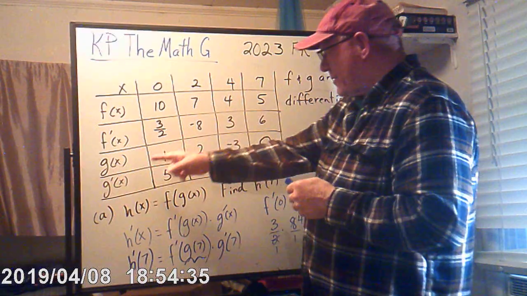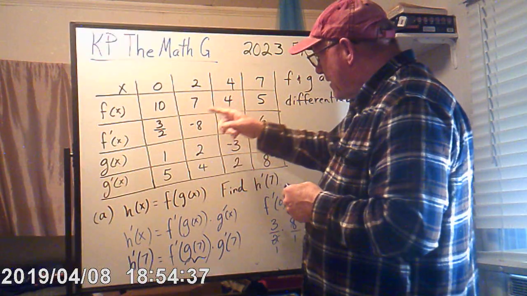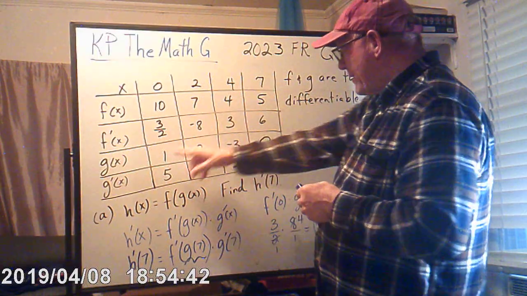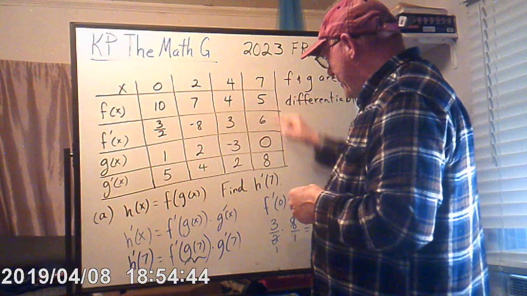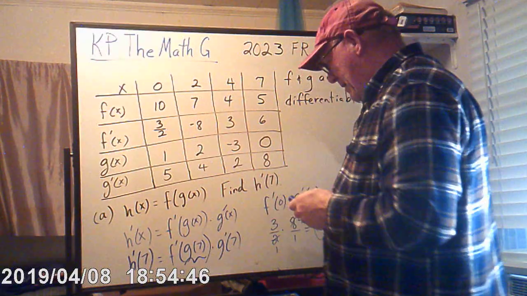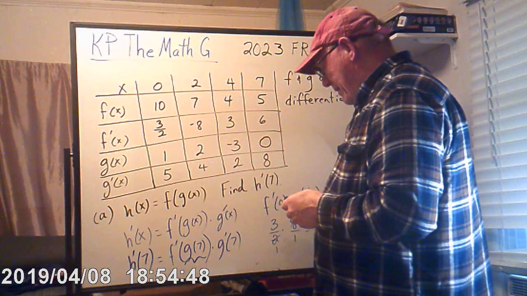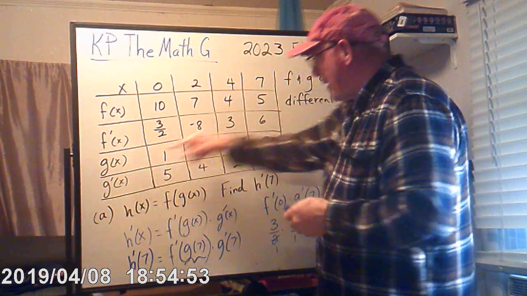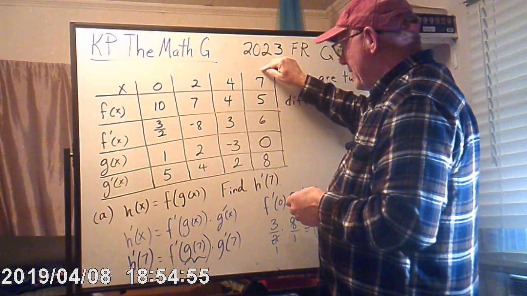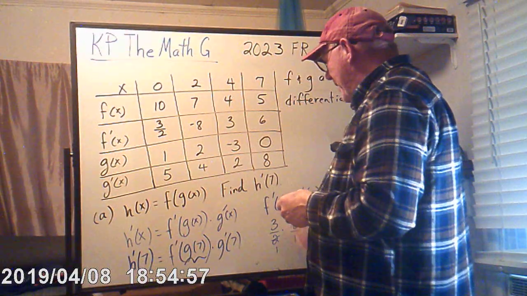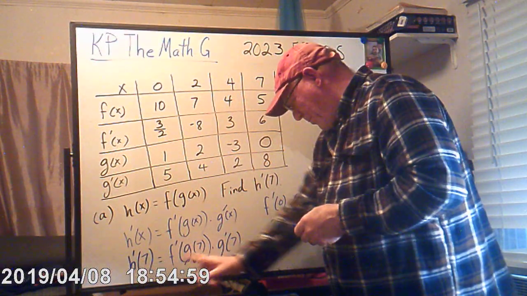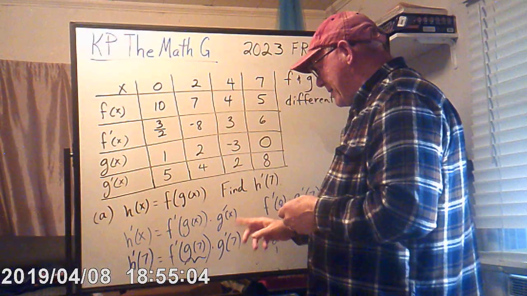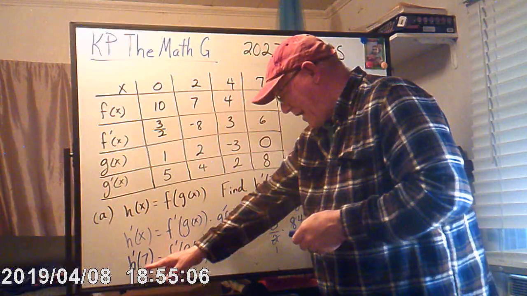So what we did was G at 7, not G at 2. G at 7 is 0. That's 0, so F prime at 0, and then G prime at X, which we know to be 7.